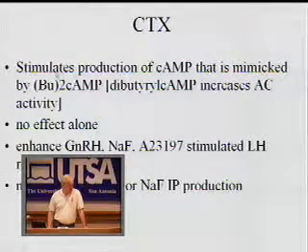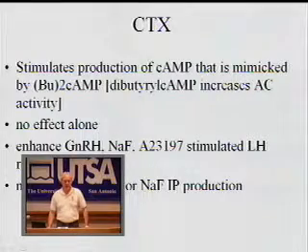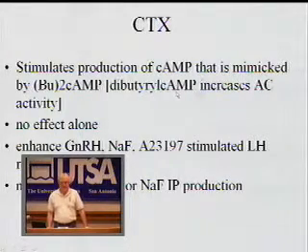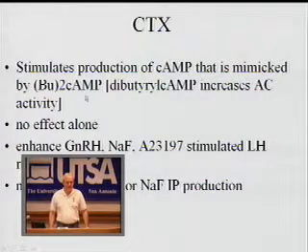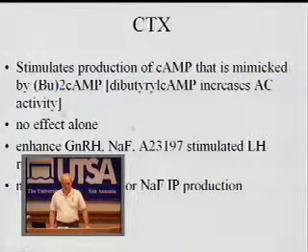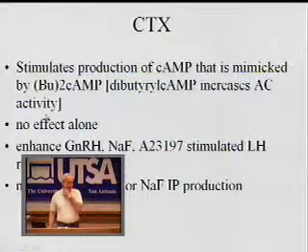So the cholera toxin stimulates the production of the cyclic AMP, therefore. That's mimicked by the dibutyryl cyclic AMP, as we had mentioned. Increases adenylate cyclase activity. I believe I may have said that it acts like cyclic AMP.